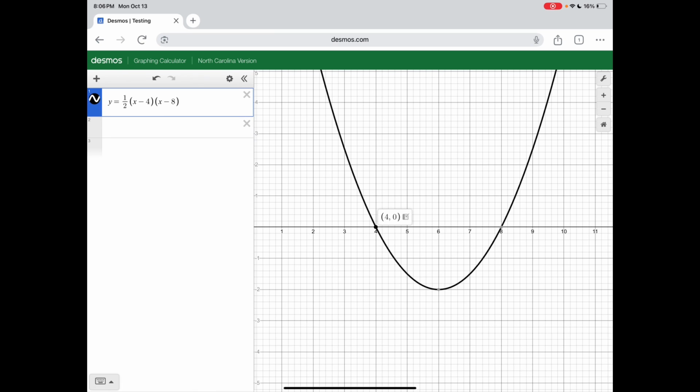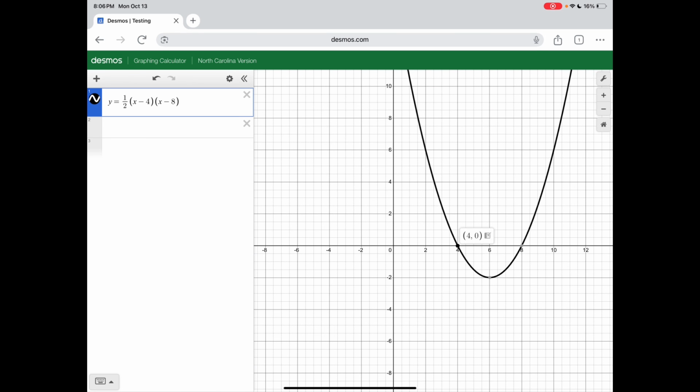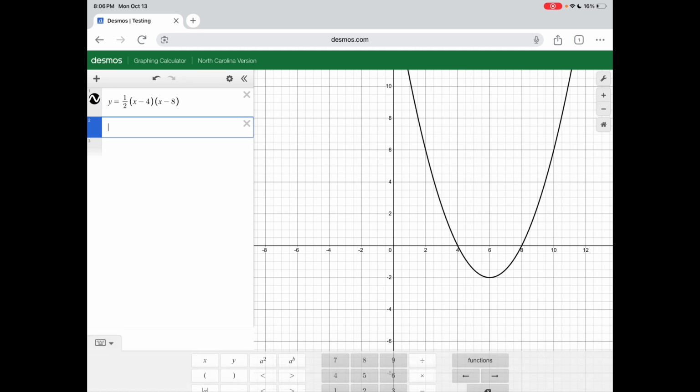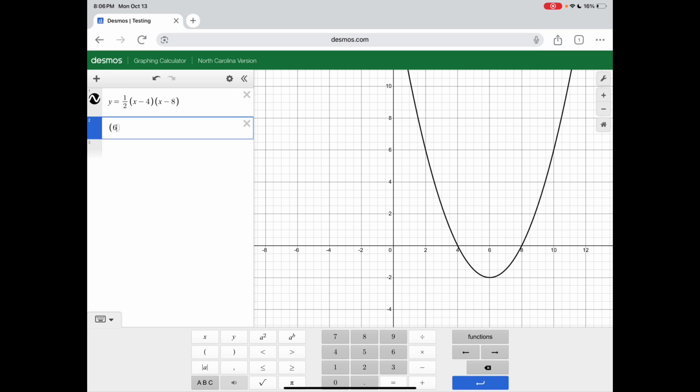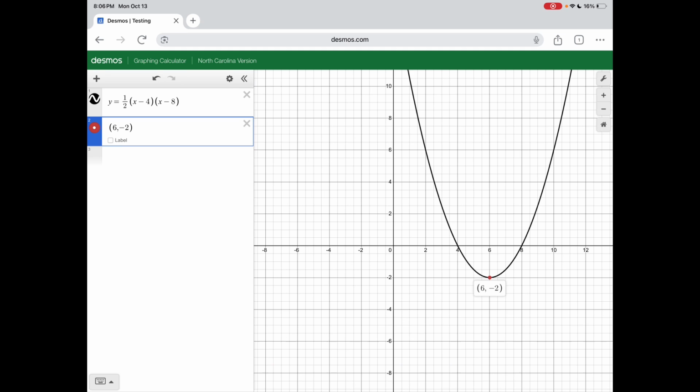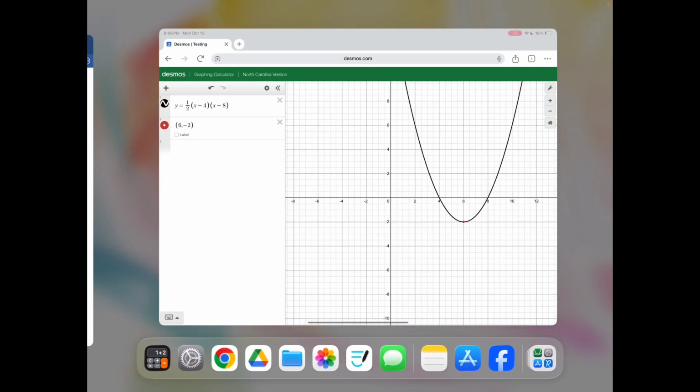So I can see those x-intercepts, they are in fact crossing at 4 and 8. And it told us that the original point that was in the problem was 6 and negative 2. So if I look for 6, negative 2, I can see that that point is on the graph. So we are in fact correct here.